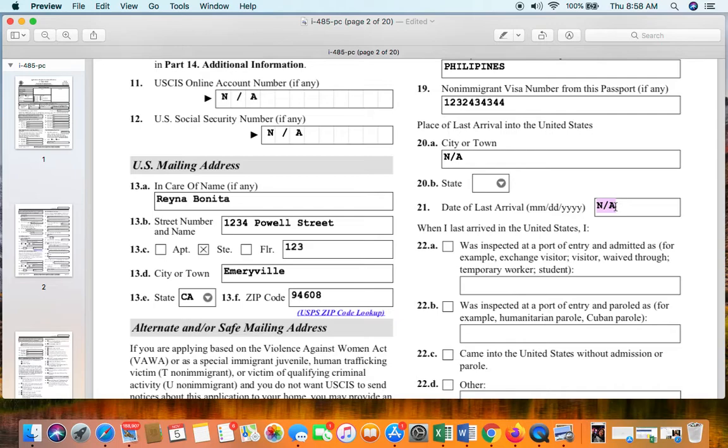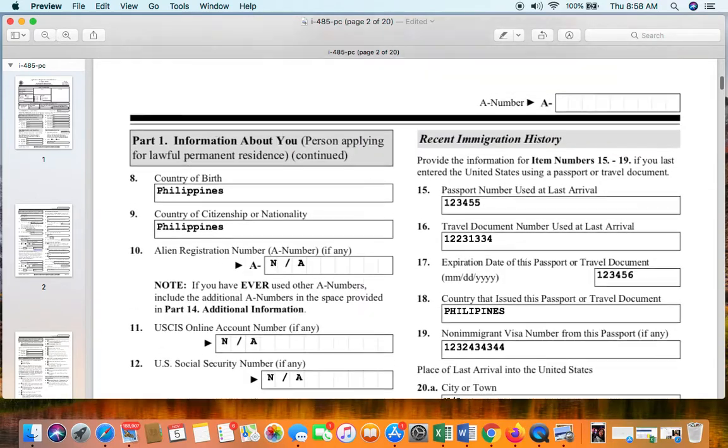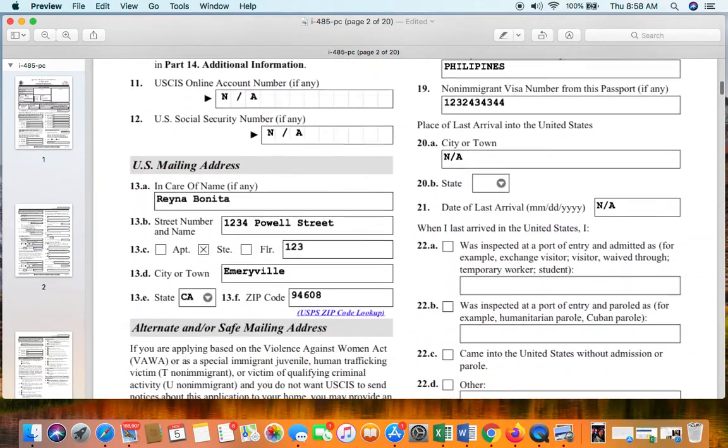For example, if your K2 arrived on May 15, 2019, you can put it right here. But in my application, since my derivative applicant is still in the Philippines, I'm just going to put NA because she doesn't have any immigration history yet.